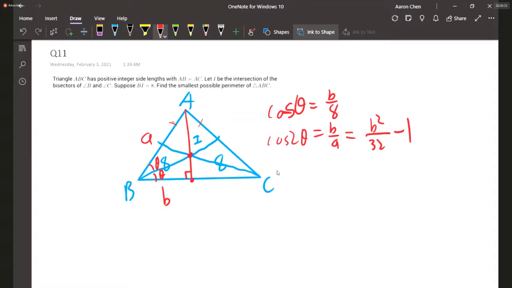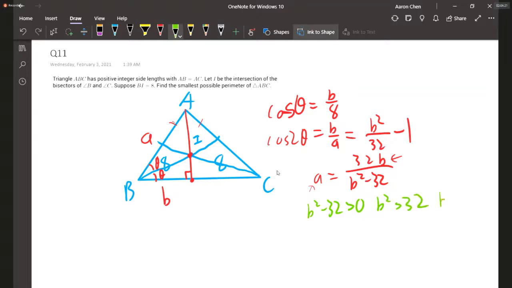So this tells you that A is equal to 32B over B squared minus 32. And then so clearly B is positive. So in order for A to be positive, we need to have that B squared minus 32 is greater than 0, or B squared is greater than 32.